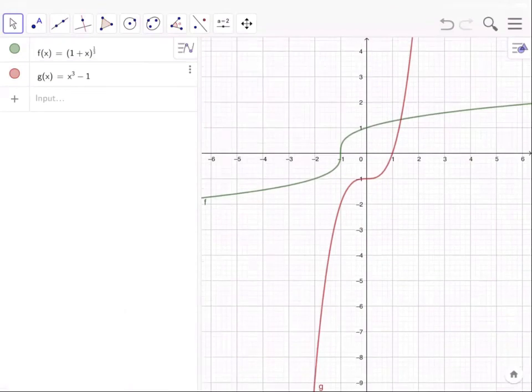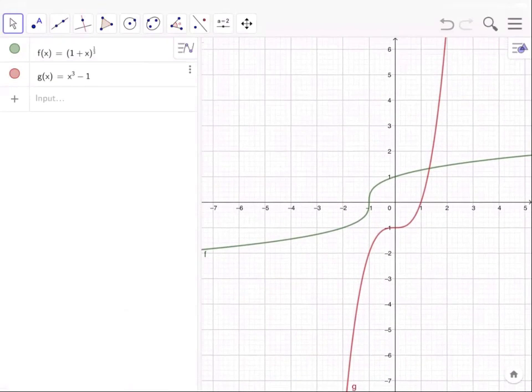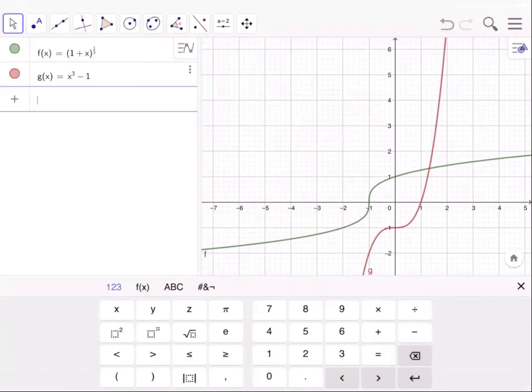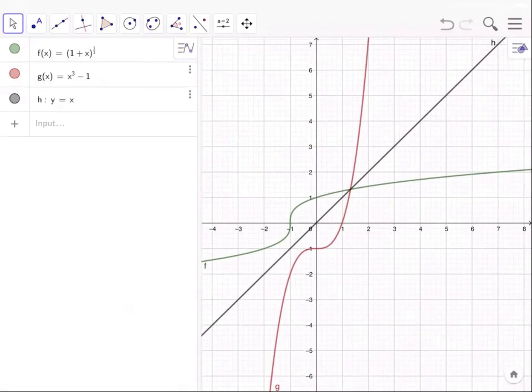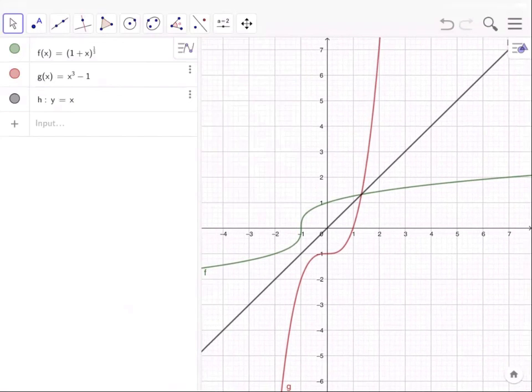Now, when we look at the two functions, you have probably noticed that there is a symmetry with respect to the line y equals x. We may be wondering if this is by chance. No, it's not by chance.